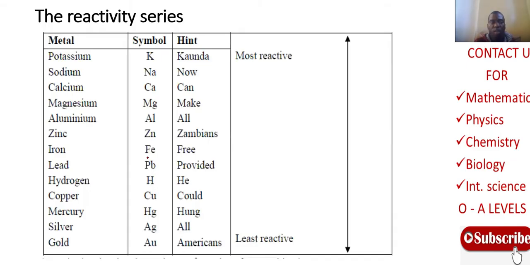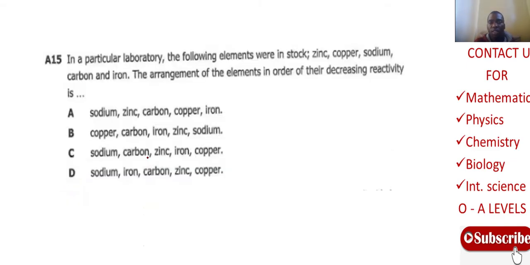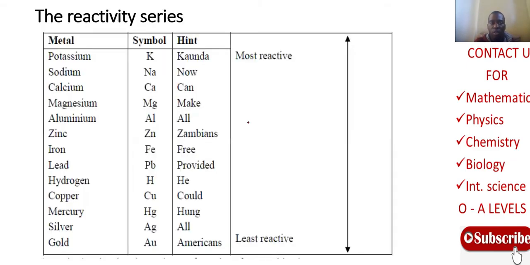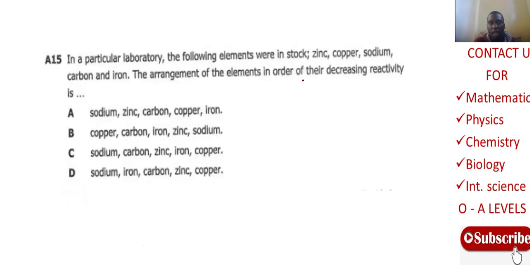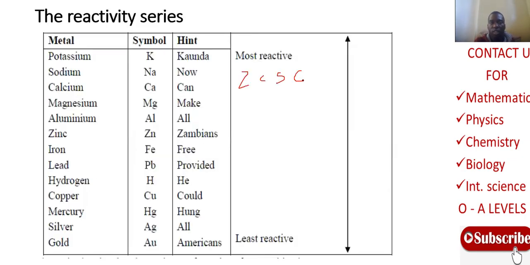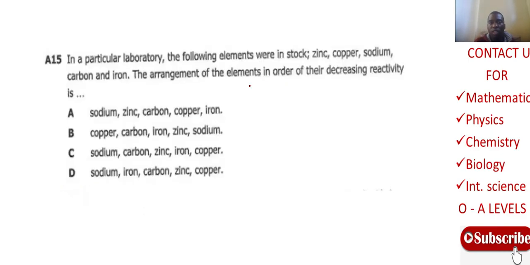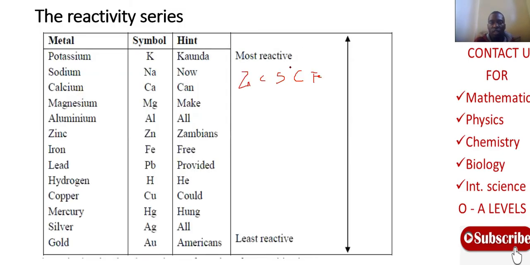Here, the metals we've been given are zinc, copper, sodium, carbon, and iron, which is Fe. We have to put them in order.